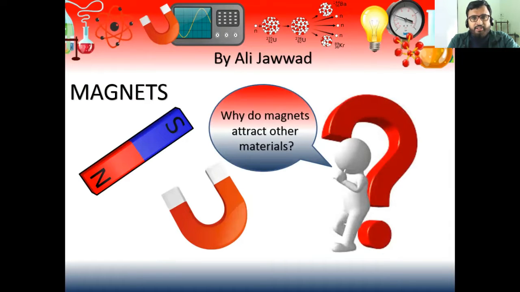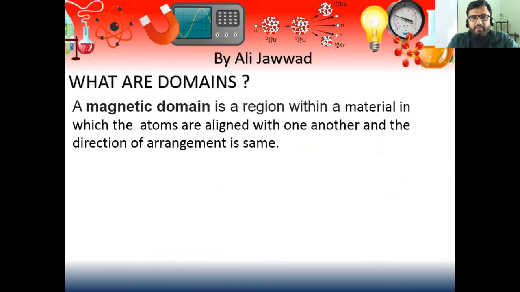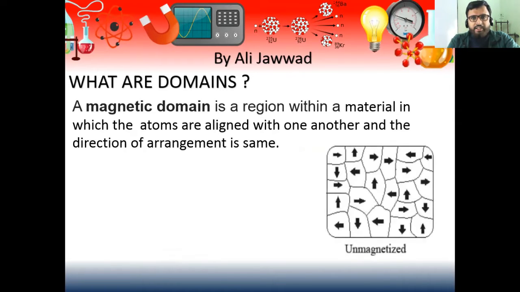To answer this question, we need to understand what domains are. So let us study what domains are. According to the scientists, any material can be divided into small regions. In these small regions, the movement of free electrons can be in any direction.